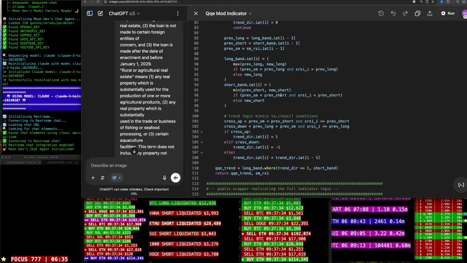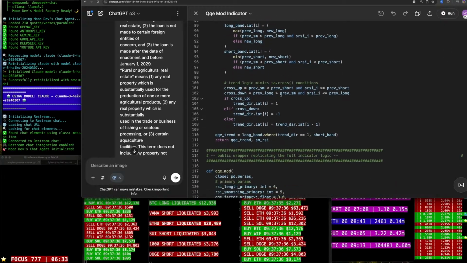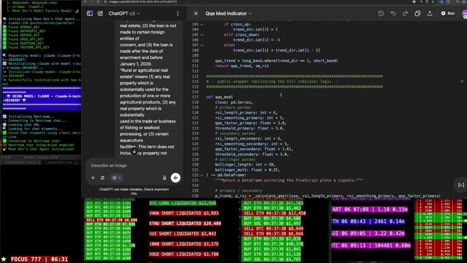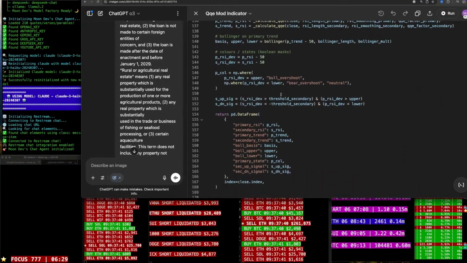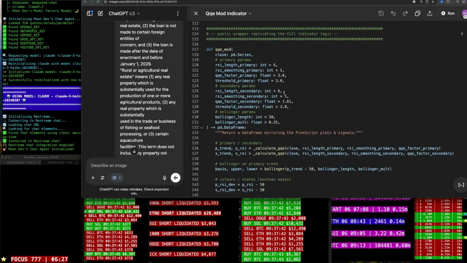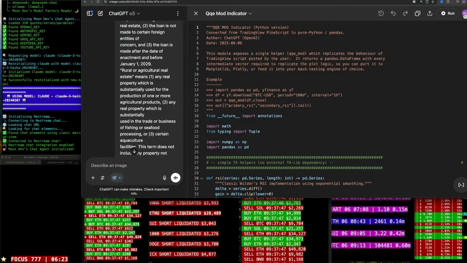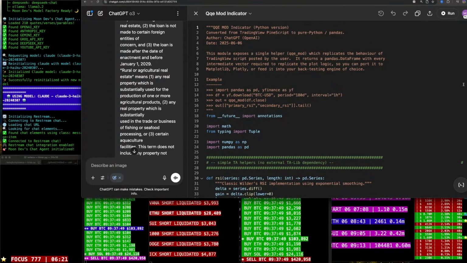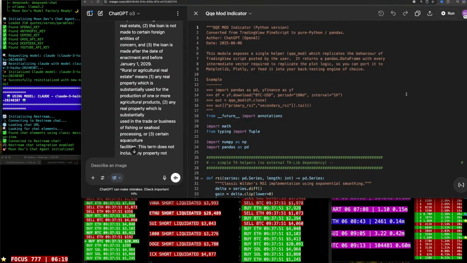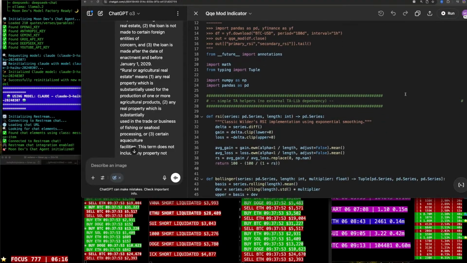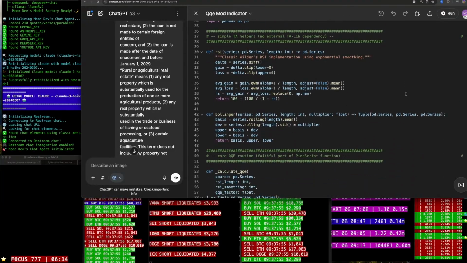You can take any idea that you or your friends have and backtest them. You can see I just had AI code out the whole QQE for me. And that's insane because there are probably tens of thousands, if not hundreds of thousands of indicators. What about some triple EMAs or Bollinger Band breakouts?